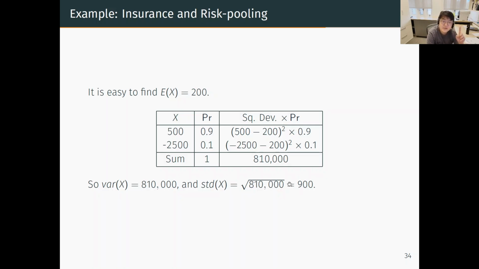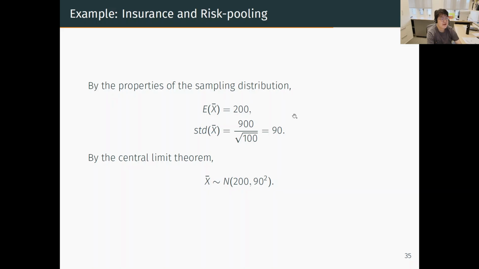If you look at only one person, this is the mean and standard deviation. But of course, we are looking at a company as a whole, like 100 customers together. Then, using the properties we learned earlier, the mean is the same.